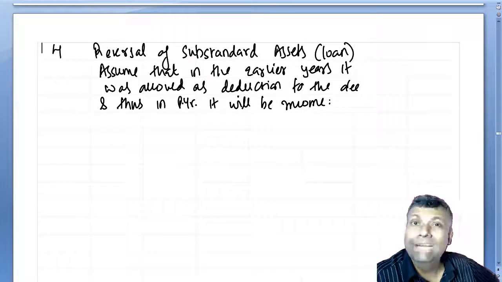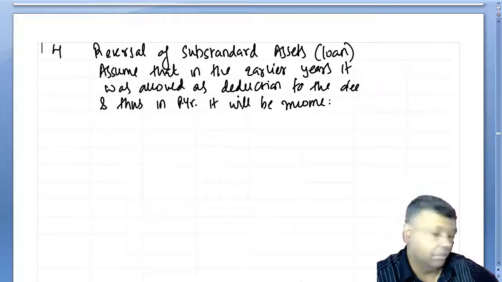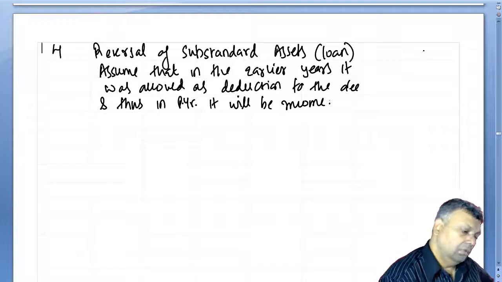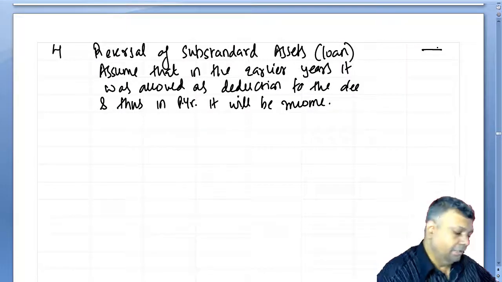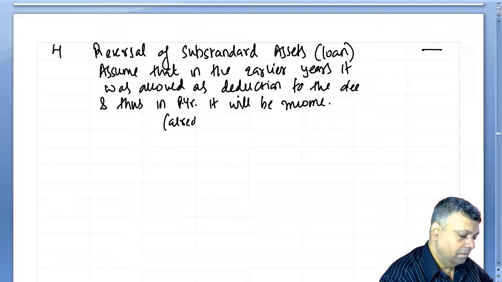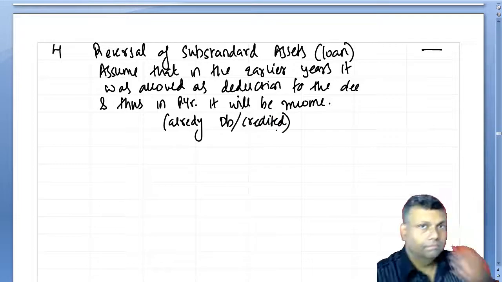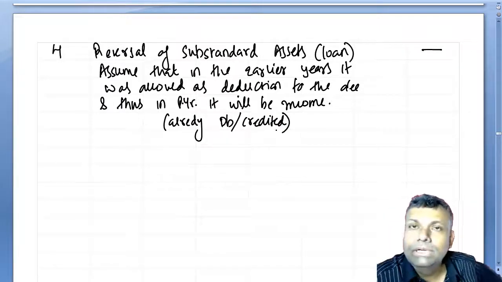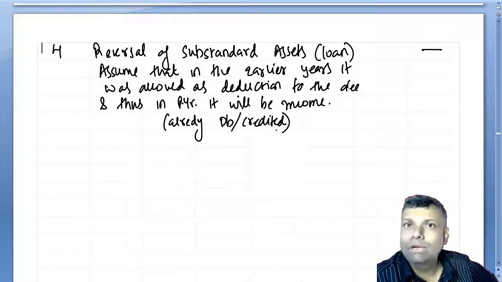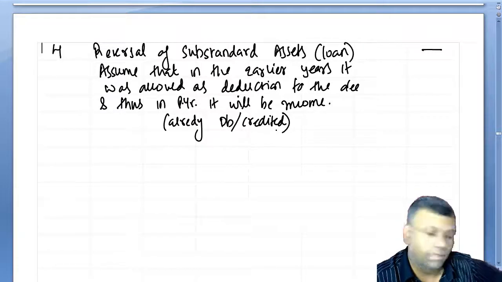This is one of the very important assumption. So, no adjustments are required. It is already debited and already credited, so we do not require any adjustment. It is correctly credited to your P&L and it is your income.